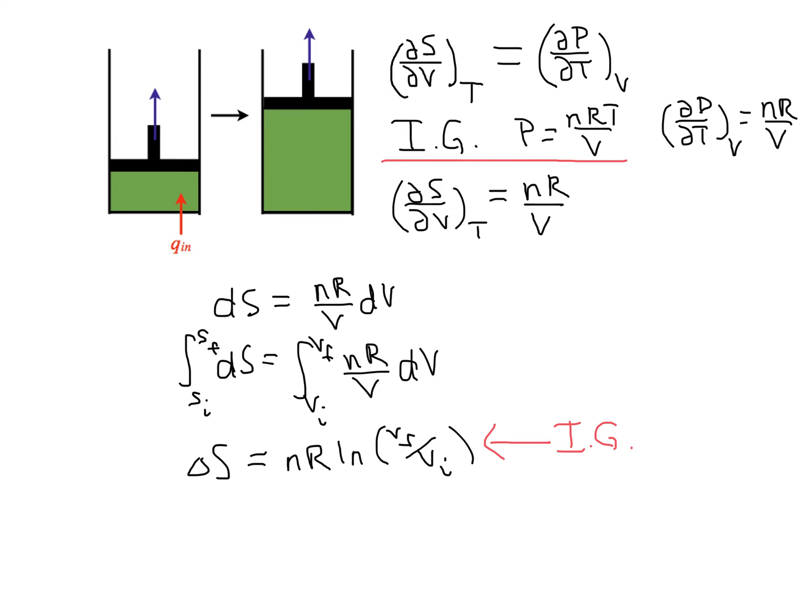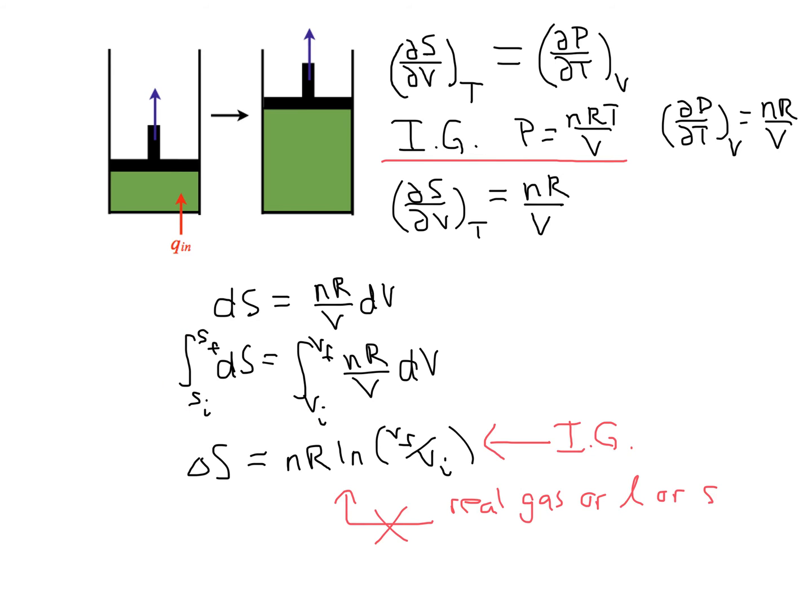It does not work if my system is a real gas or a liquid or a solid. To calculate the change in entropy for one of these systems, I simply need to use the appropriate equation of state and take the appropriate derivative, separate the variables, and integrate.